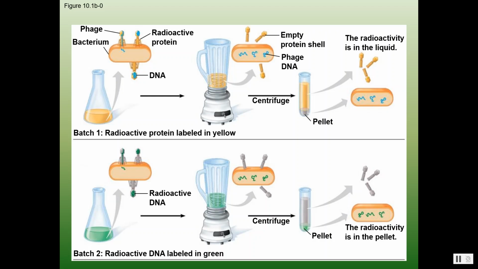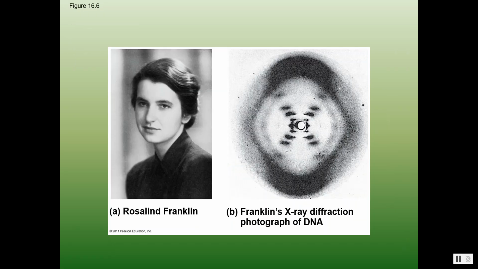They figured out that the radioactive DNA, labeled in green, ended up in the cell and transformed that cell. So it's huge, right? Once we know that DNA is the transforming factor, we can really start to hone in and focus on DNA because we want to know all there is to know about it.